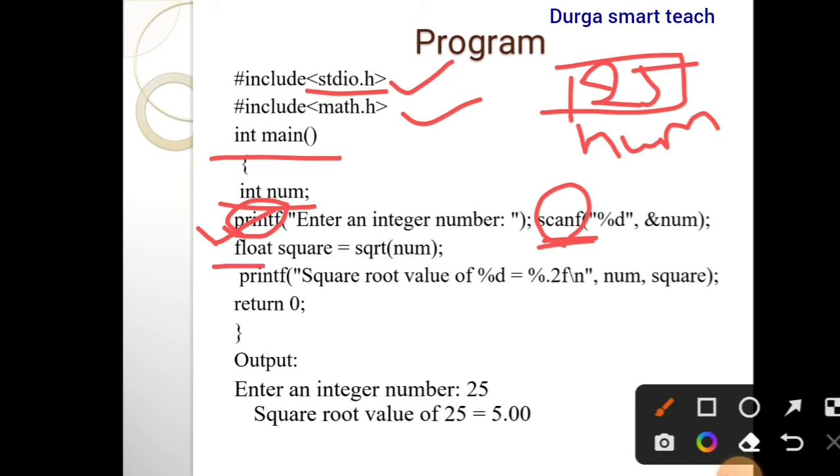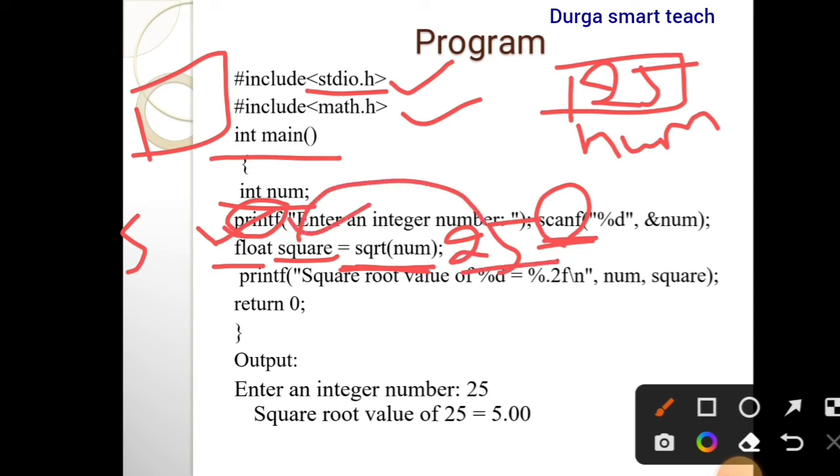Next, float square: one more variable that I am taking is square. I am storing the square root of the number, that is 25, in square. So the result is stored in square. Printf, "square root of value is %d is equals to %2f".